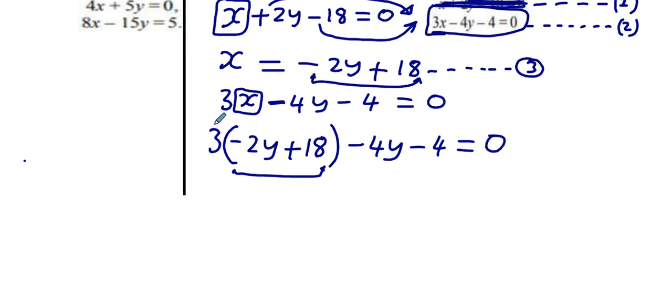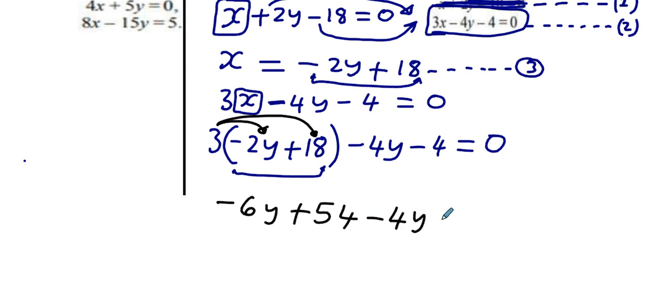Then I open the brackets. 3 times negative 2y, this will be negative 6y. 3 times 18, this will be 54. Then this will be minus 4y, minus 4 equals 0.